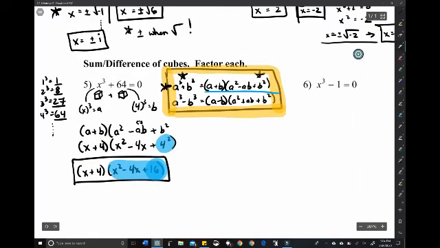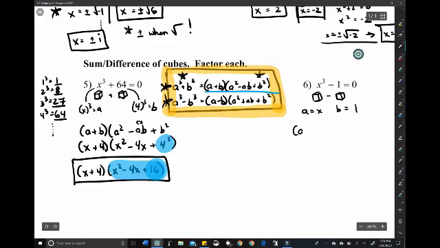Next up is a difference of cubes. So 1 is a perfect cube. It's often forgotten about. That means our a value is the cubic root of x to the third, which is x. B is just 1, and now we're going to use the difference.